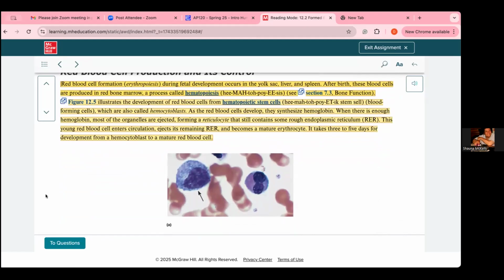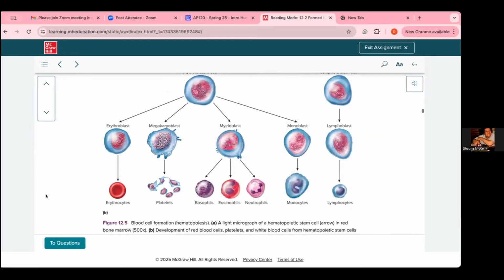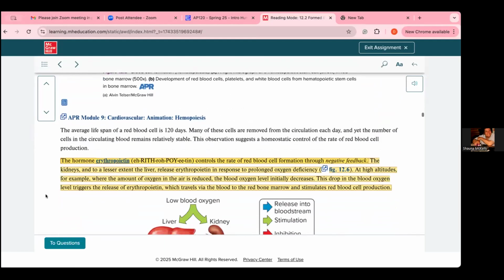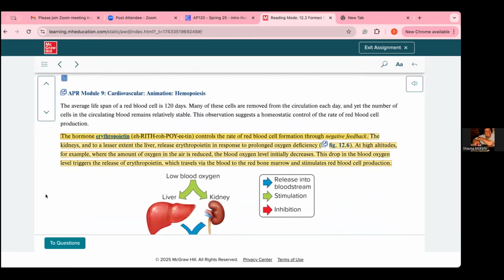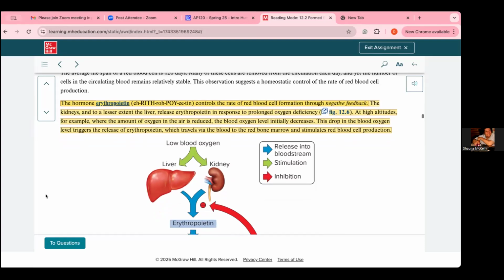Hematoblasts. We read that. We need something about, I think, bilirubin in the liver.